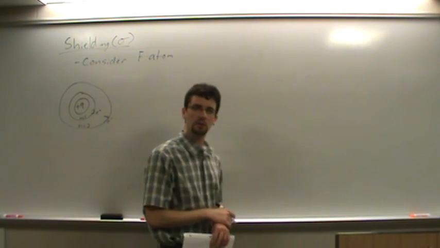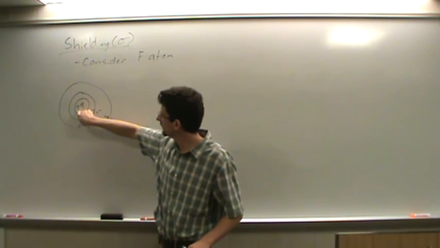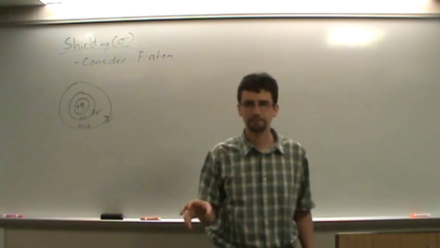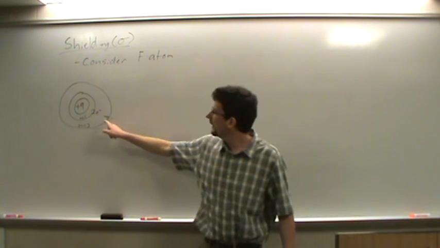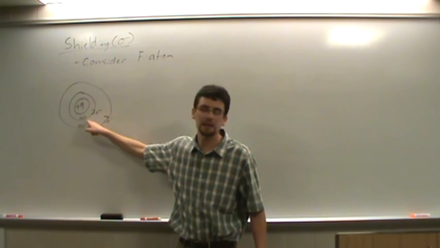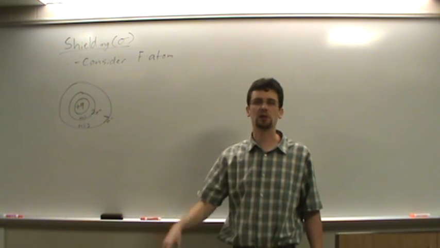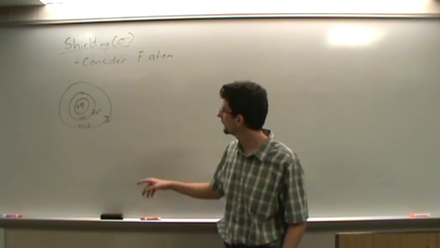And what you can note is we have this nucleus. We have these orbitals hanging around it. And the ones in the n is equal to 1 state, they experience a greater amount of charge of the nucleus. They're closest to that nucleus.